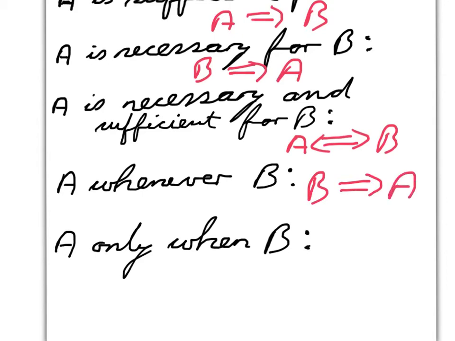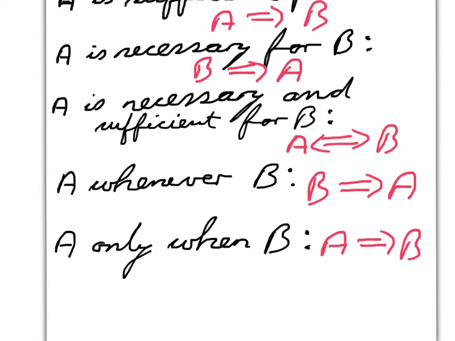And what about A only when B? A happens only when B happens. So in other words, the moment A happens, B must have happened as well. So that's the same as A implies B. I guess the word whenever is the same as if. So this one is really the same as A if B, which is B implies A. And only when is the same as only if.